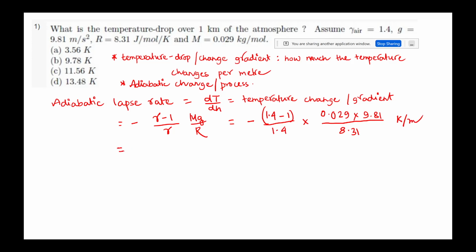The minus sign denotes that as height increases, temperature decreases. That is the only meaning of this symbol. So solve this calculation and tell me the value.